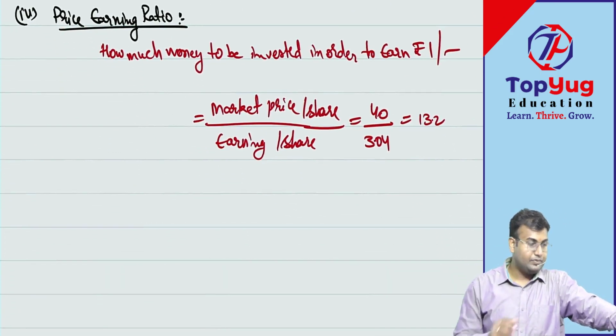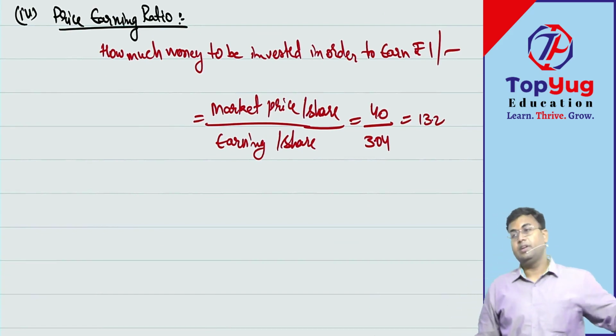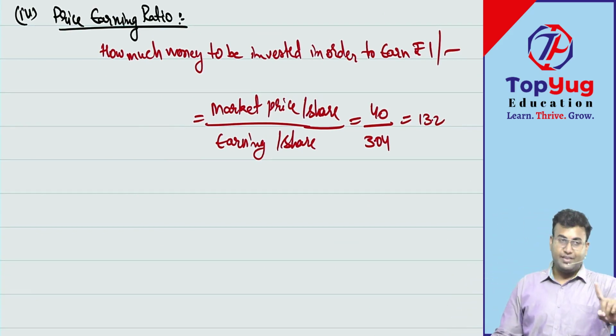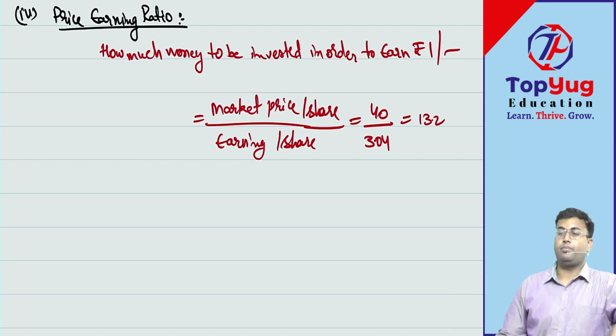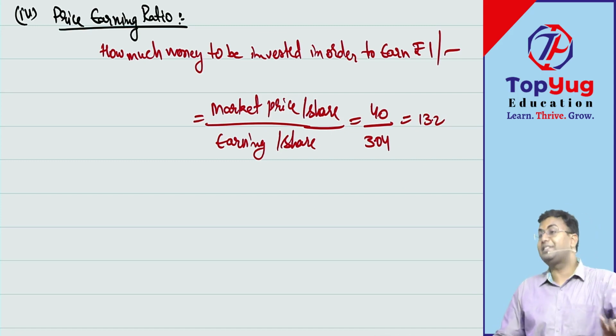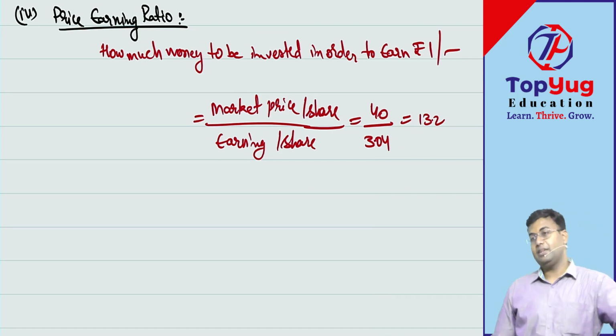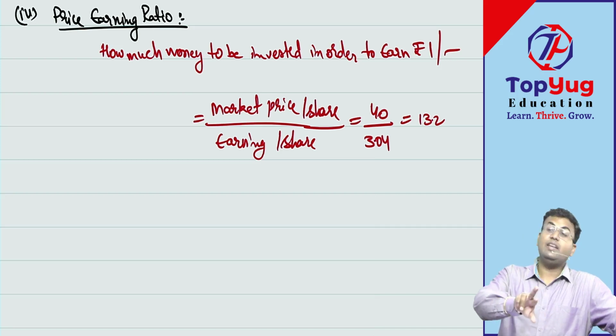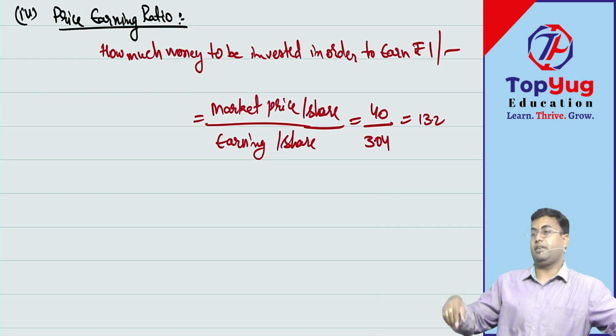Are we all good? How much to be invested, my dear friends? 13.2 rupees to be invested in a business in order to earn 1 rupee. So price earning ratio is 13.2 times of earning. So price is 13.2 times of the earning.